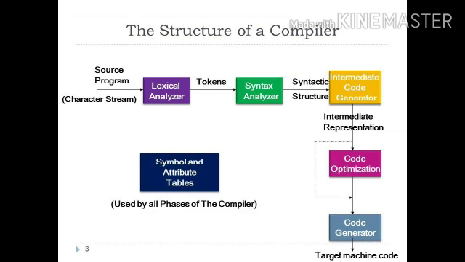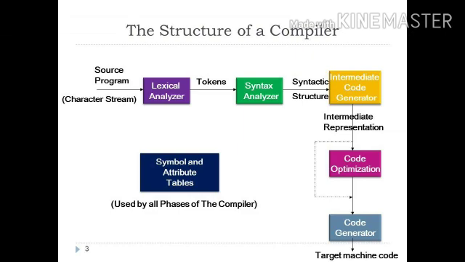There are two major phases in a compiler. The first one is the analysis phase and the second one is the synthesis phase. The analysis phase is machine independent and language dependent. The synthesis phase is machine dependent and language independent.